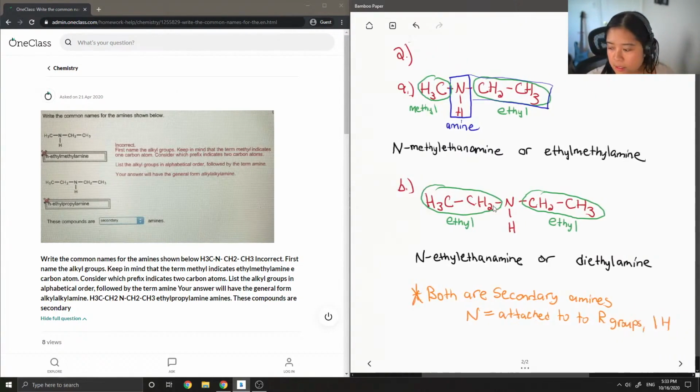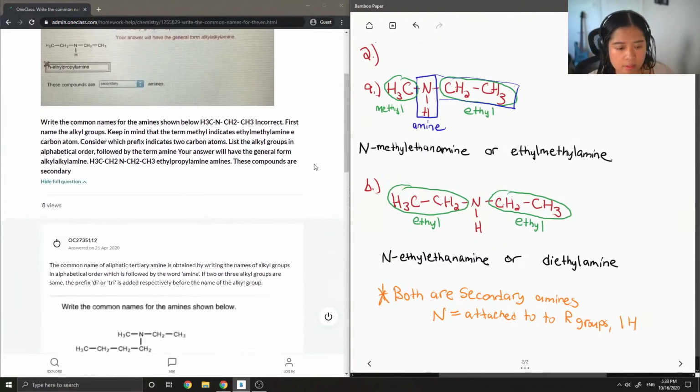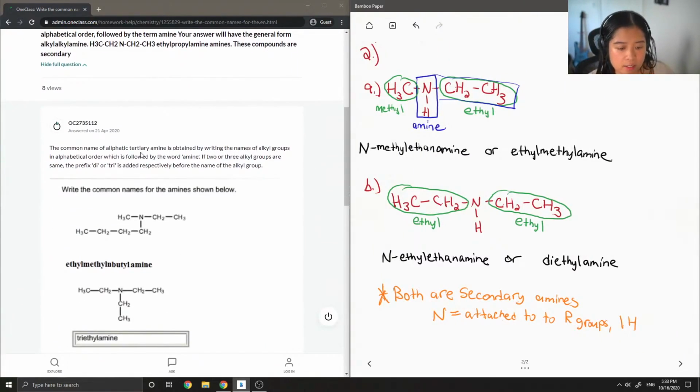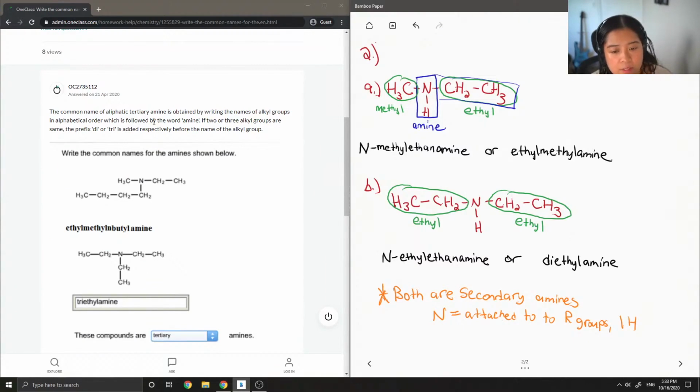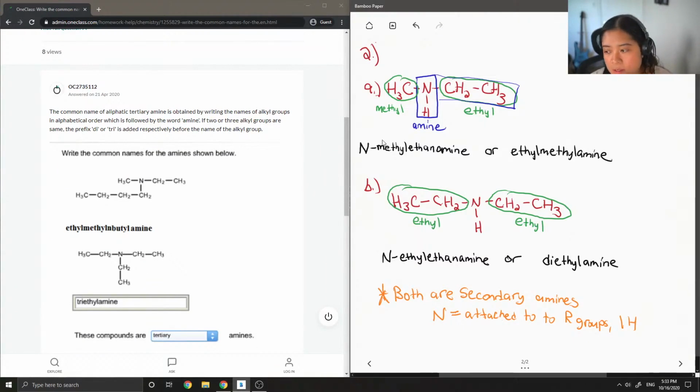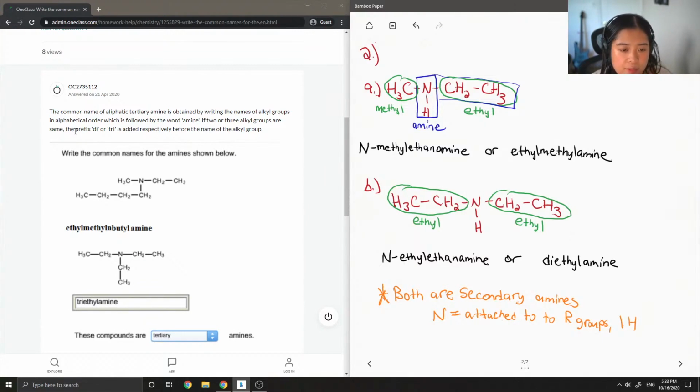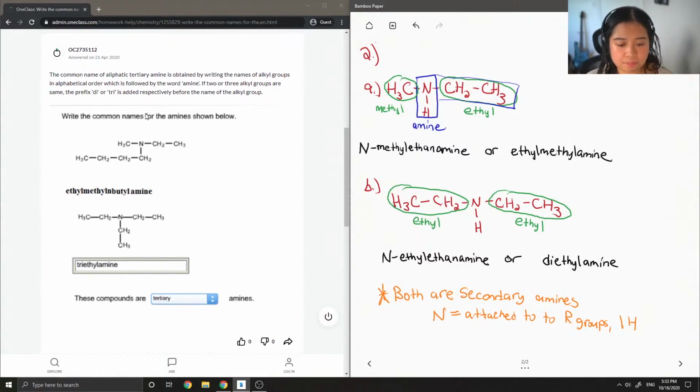Okay, so let's look at the answer that our junior tutor wrote. The common name of aliphatic tertiary amine is obtained by writing the names of alkyl groups in alphabetical order, which is followed by the word amine. So this is the second way of writing it. If 2 or 3 alkyl groups are same, the prefix di or tri is added respectively before the name of the alkyl group.